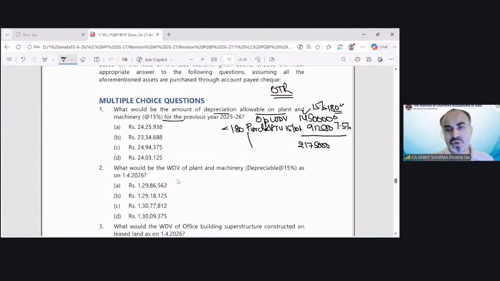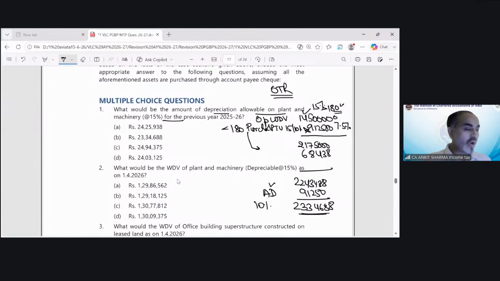The depreciation on this new asset would be 68,438. So the aggregate of depreciation would be 2,85,938. Now we need to apply the additional depreciation also, which would be 10% on this value. That would be 91,250. So after adding up, the value would be 3,77,188. That means the correct answer would be option number B.